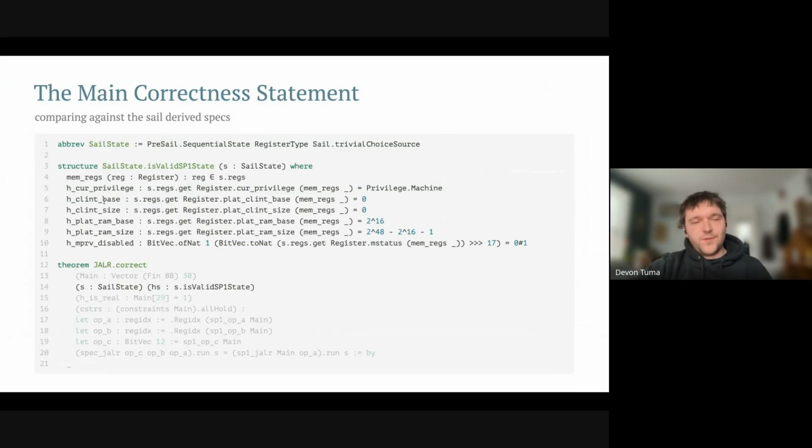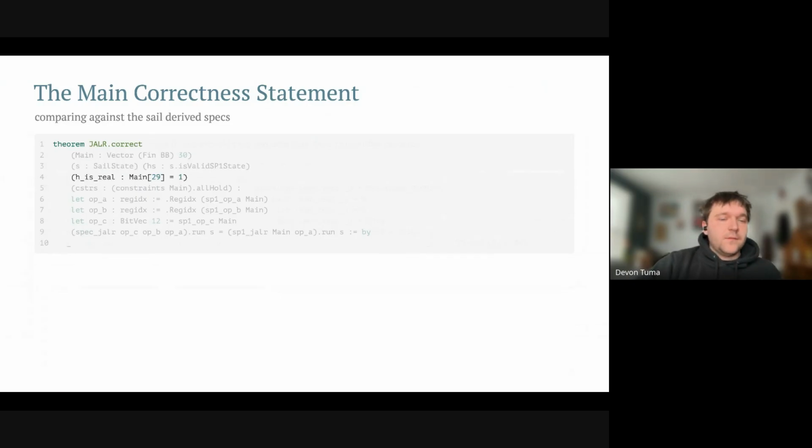There's a few I omitted, also just random register things which come up with Sail, but we basically are assuming just that we have some map from registers to values and memory to values. And for each possible register, it has some value. This is just saying that it's not a padding row, which is not especially important. And then that the constraints all hold according to the mapping I talked about before.